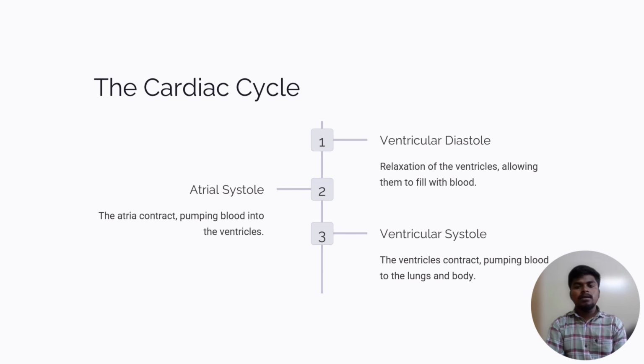In ventricular diastole, the relaxation of the ventricles allows them to fill with blood, and atrial systole pumps the blood into the ventricles. In ventricular systole, the ventricles contract and pump the blood through the lungs and throughout the body.